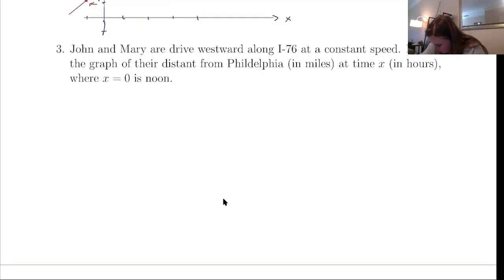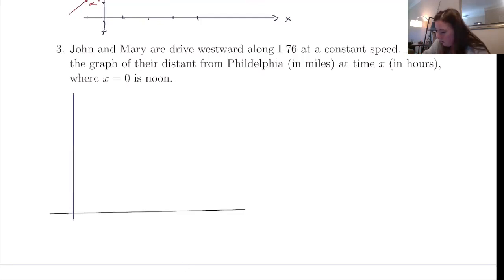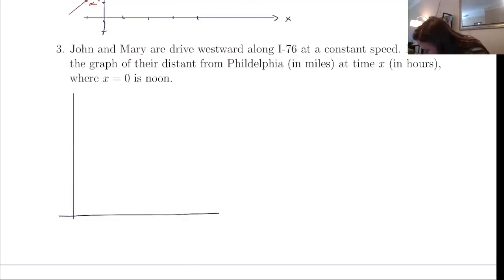Come on. Not a straight line. Okay. So then 1, 2, 3, 4.